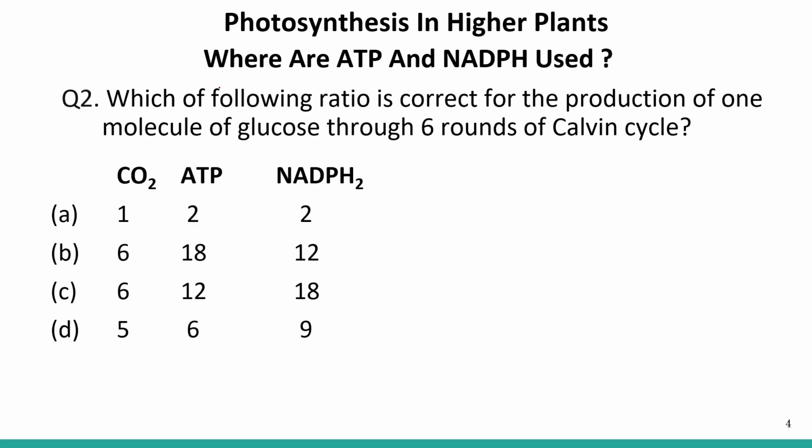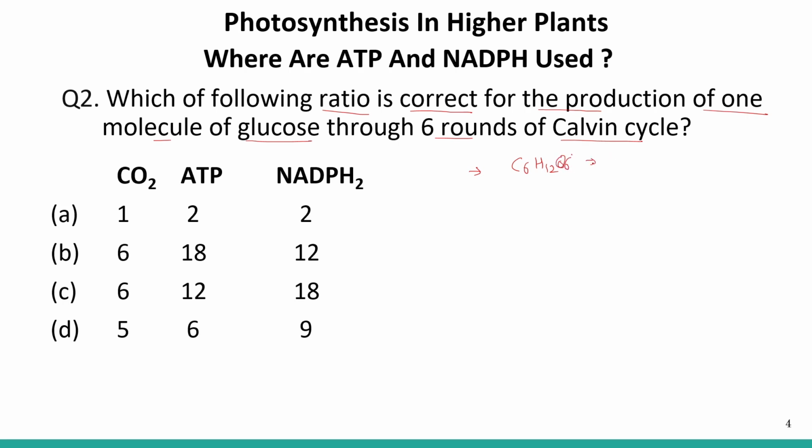Now moving on to the next question, which is which of the following ratio is correct for the production of 1 molecule of glucose through 6 rounds of Kelvin cycle? First, let's see what is glucose. Glucose is C6H12O6.